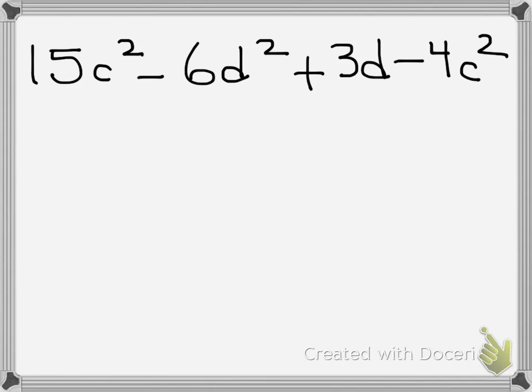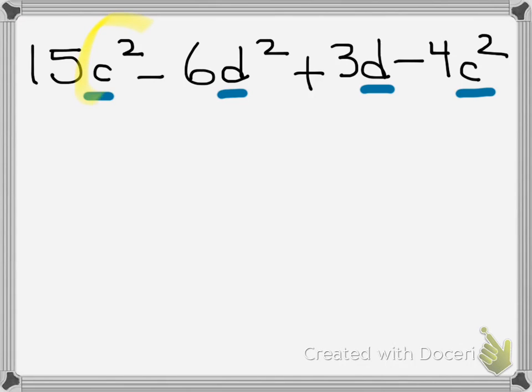Final example is going to be simplifying, looking for like terms to combine. So if I were to look through these, I see a few of the same letters. I have these 2 C's and these 2 D's, but then I also need to look at their exponents. So there is another C squared, okay?